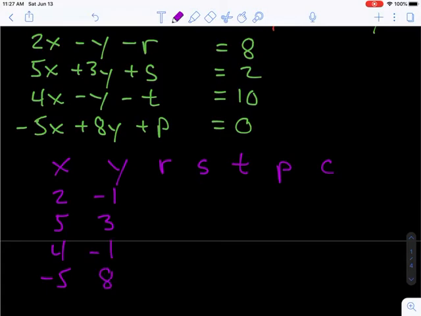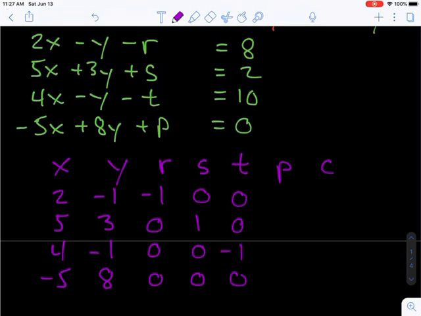Now, in the R column, R is negative, so we have a -1, and we have no R's in the other positions. S is positive, and that only is in the second equation. T is negative, and that is only in the third equation.